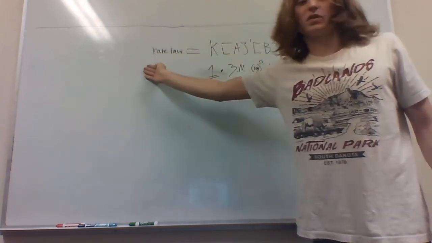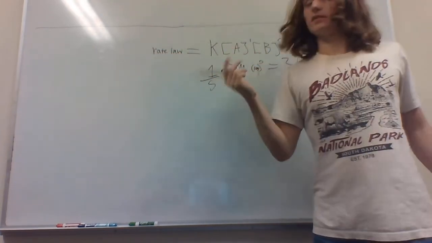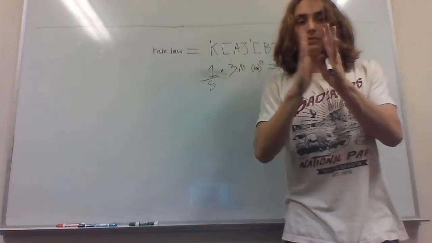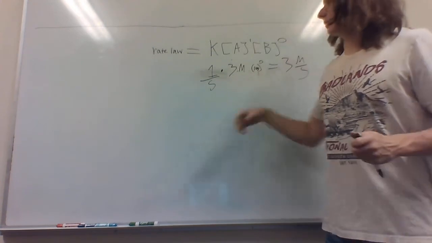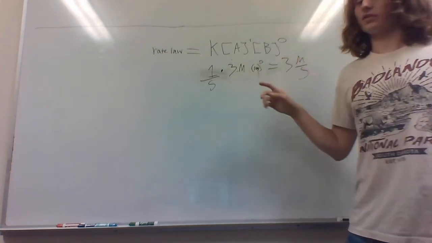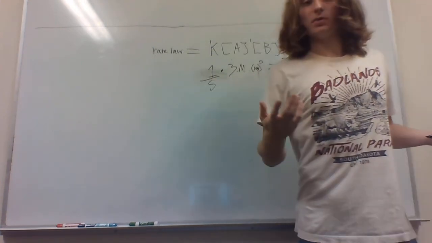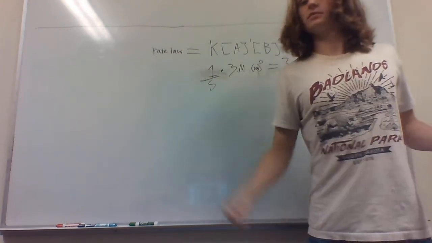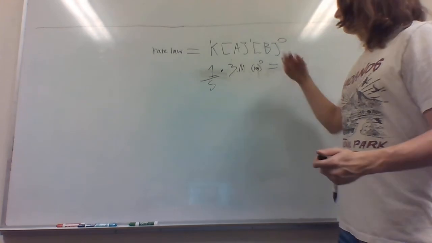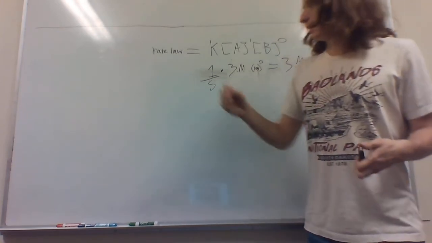For B, since it's a power of 0, something to the power of 0 is always 1, so it doesn't matter what magnitude you increase the concentration by, the rate won't change. If the concentration of B is multiplied by 1,000,000, the rate is still the same. Divided by 1,000,000, still the same. Multiplied by infinity, probably not real.